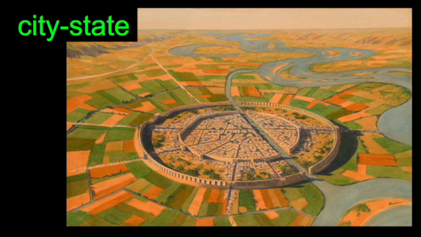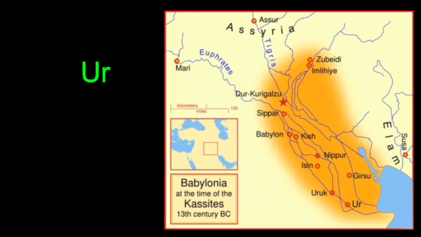The earliest civilizations were city-states. What does that mean? It's a city, that's obvious, meaning it's also a state. It's its own country. It's a city that's not a part of a country. That city is its own country, and that's a city-state. Ur was one of the most important early city-states, and we're going to see for a lot of reasons why it was very important.